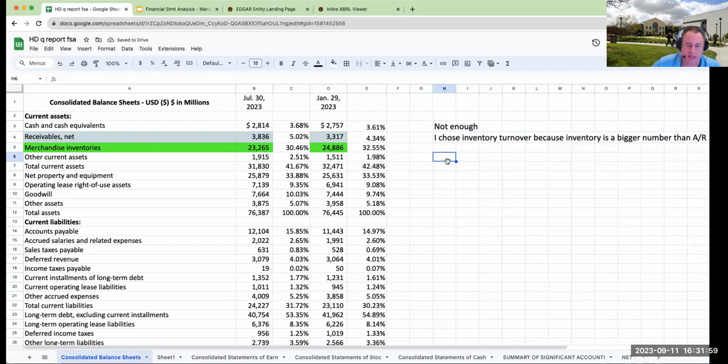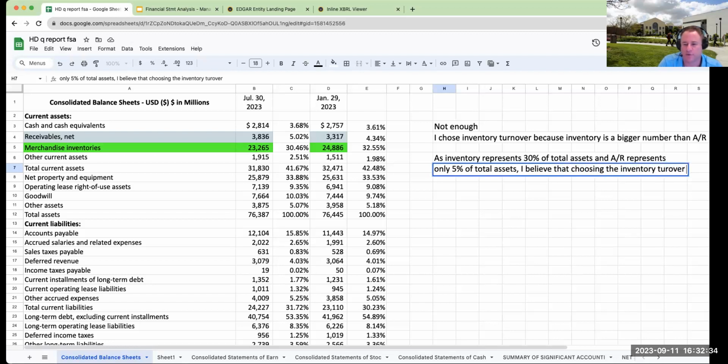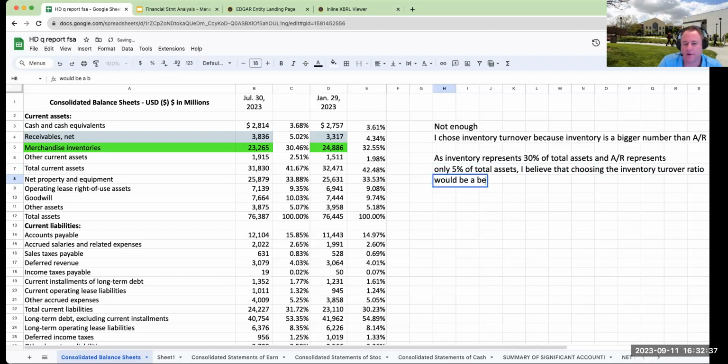What you would want to say is something along the lines of, well, as inventory represents 30% of total assets, which is why we do common size financial statements, and accounts receivable represents only 5% of total assets, I believe that choosing the inventory turnover ratio would be a better ratio to measure Home Depot's performance.